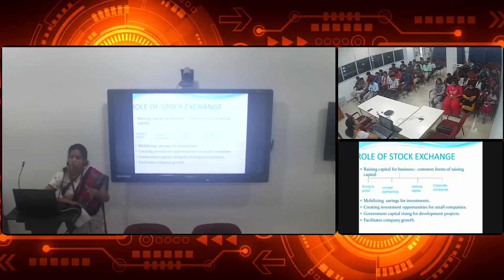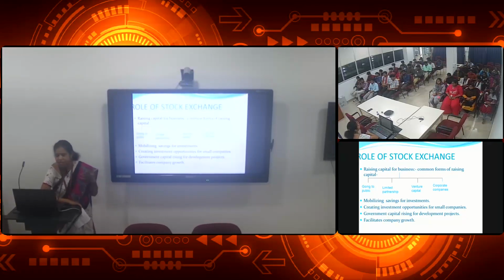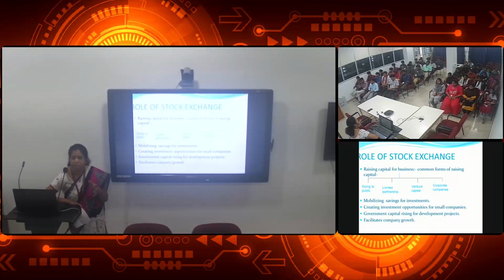It creates investment opportunities for small companies, and government capital raising for development projects, as the government also issues shares and utilizes that amount for development projects. Then facilities for company growth: if a company wants to raise capital, it issues shares and increases its capital. These are the main roles of the stock exchange.